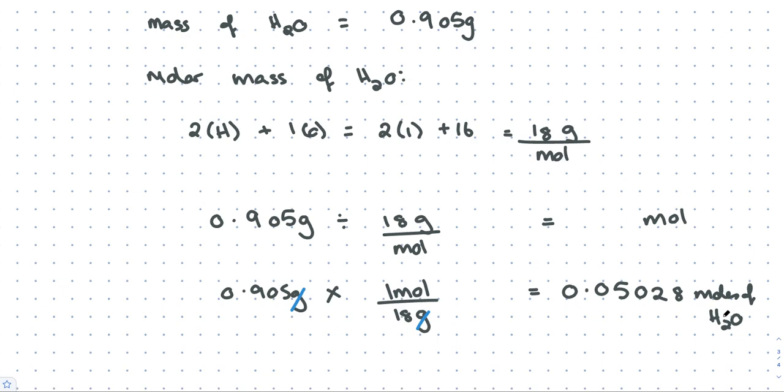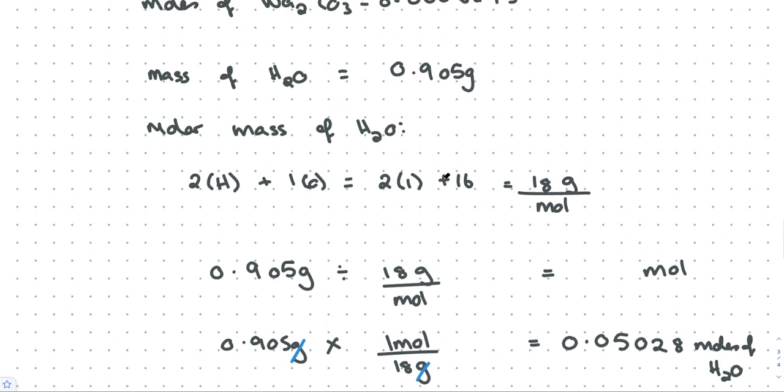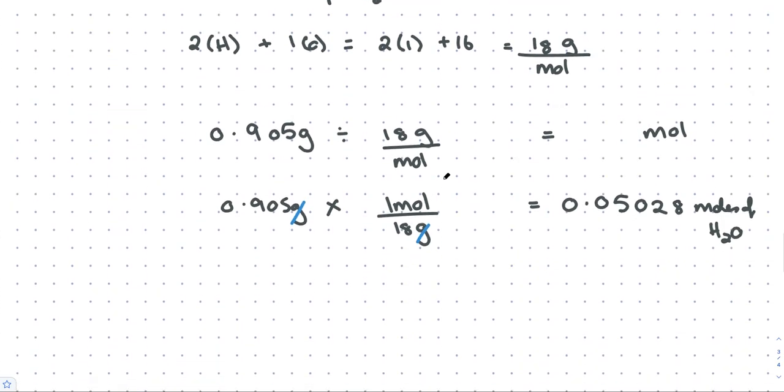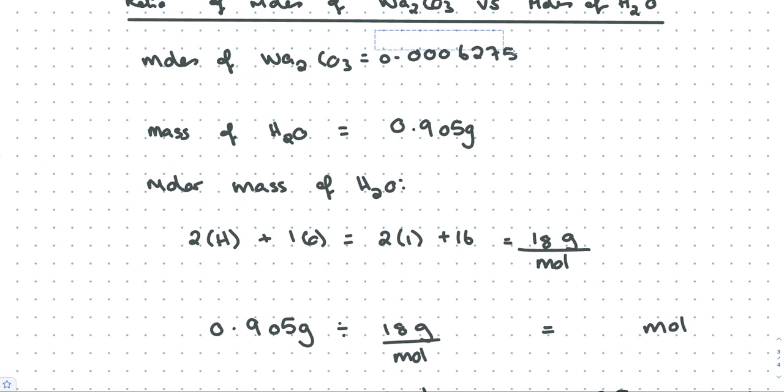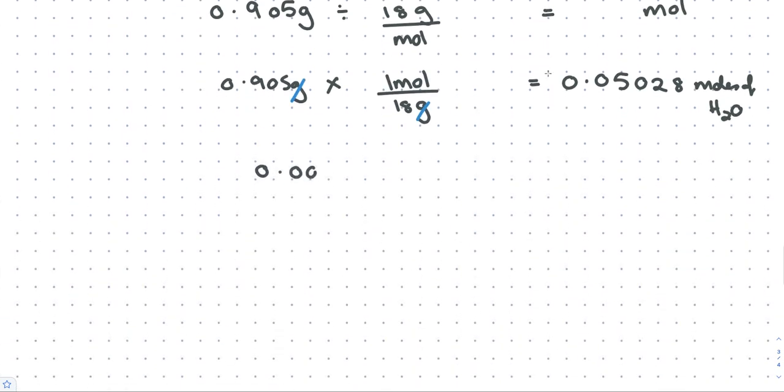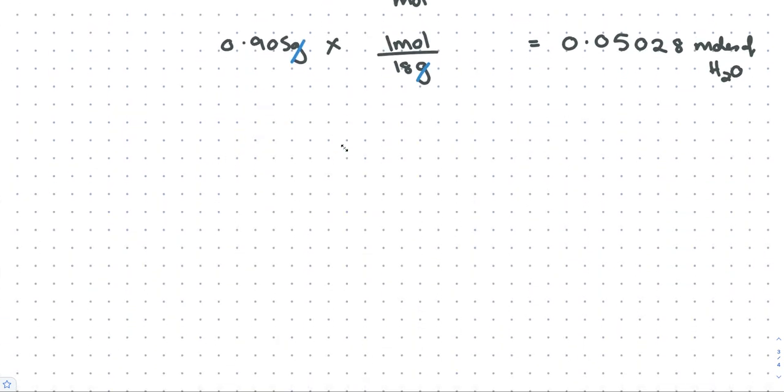That is our moles of H2O, and remember I wanted to get a ratio of the two of them versus each other. So I'm going to have 0.00, let's just copy and paste it down so I don't drop any zeros. I'm going to take this down here. I want to know if that's our Na2CO3, what is the ratio of that to the water?